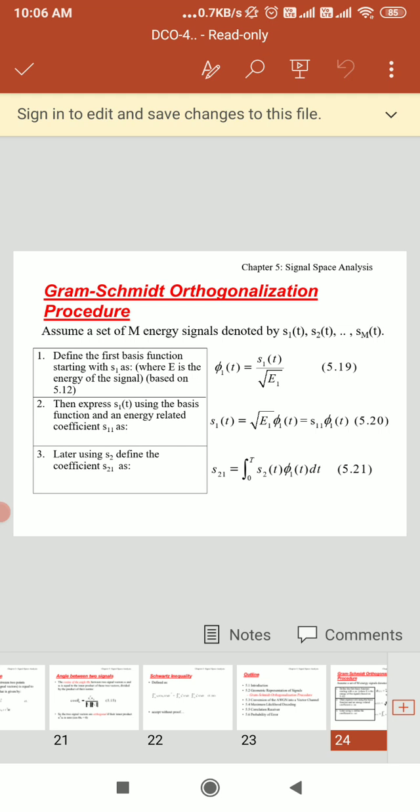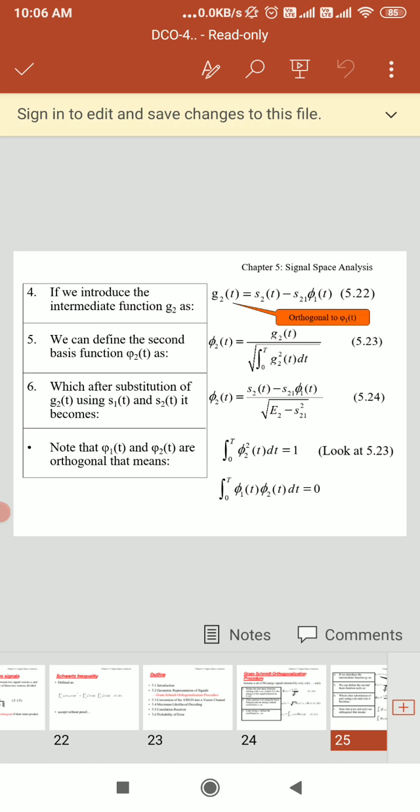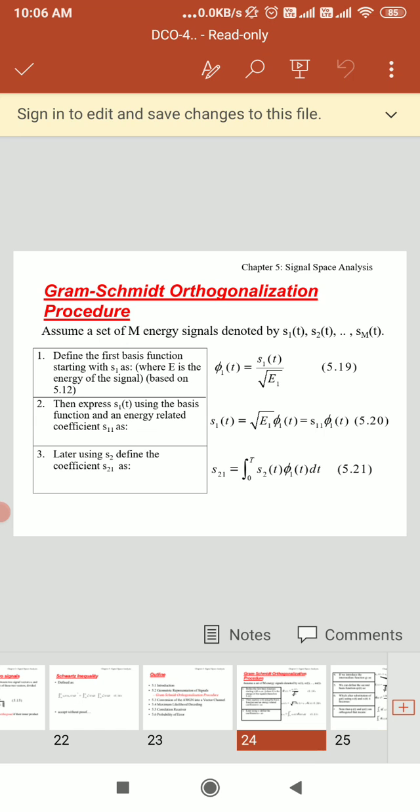Similarly, the same step we are supposed to do to define S21. We can define the coefficient S21 as the integral from 0 to T of S2(t) phi 1(t) dt. This is the coefficient of the second energy signal.